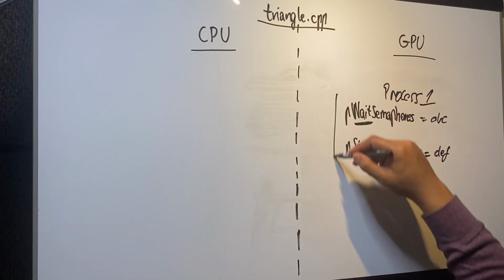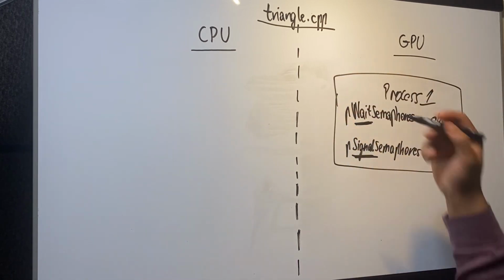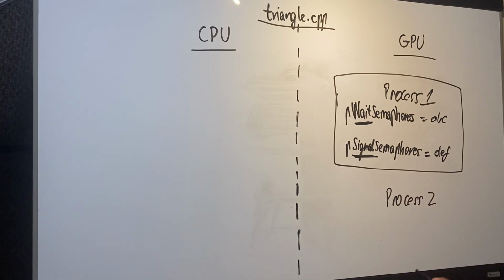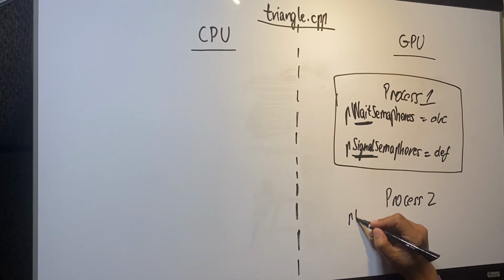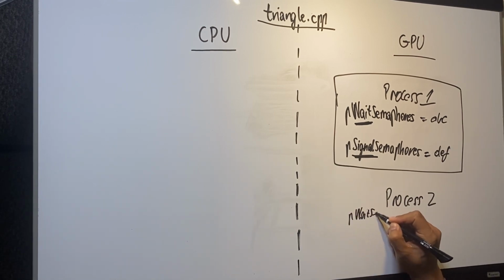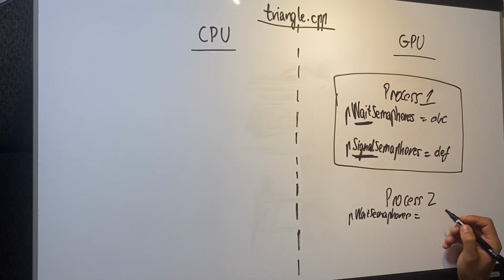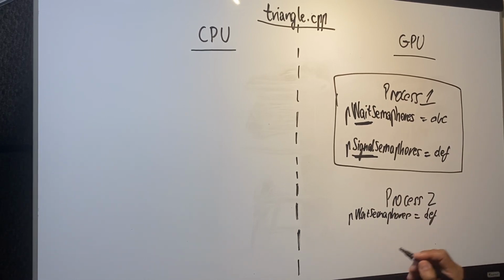Process 2 might be, and sorry for my handwriting, we're going to wait, so P wait semaphores equal we're going to wait for DEF, right?